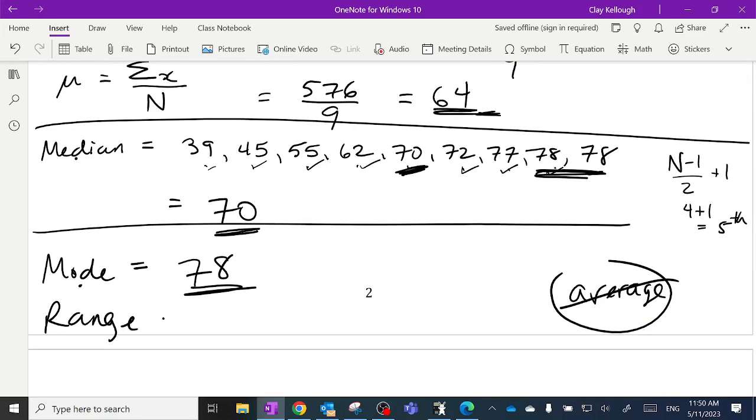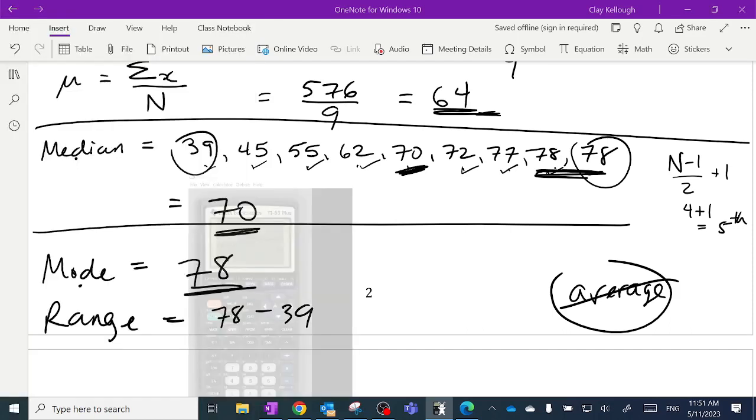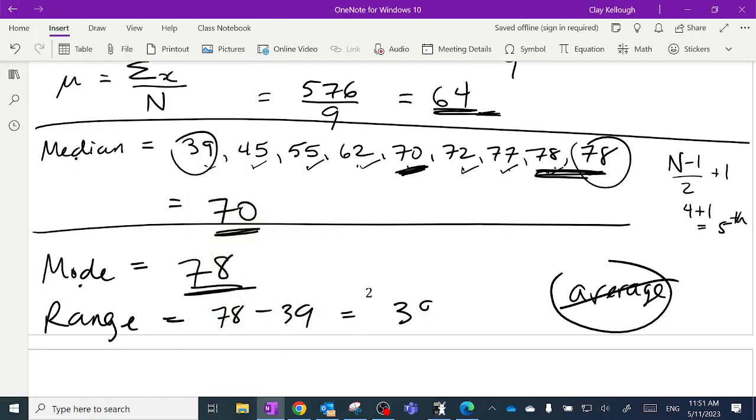Biggest number minus the smallest number. What's 78 minus 39? You can use your calculator to help you if you want. 78 minus 39, and you get 39. And that's how you find range.